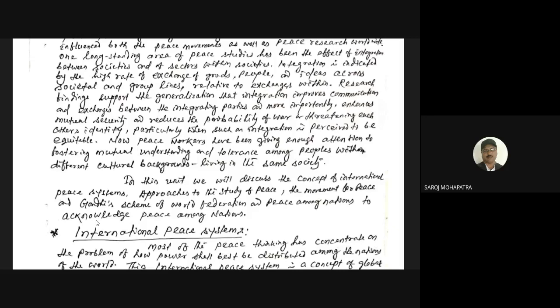Now, peace workers have been giving enough attention to fostering mutual understanding and tolerance among peoples of different cultural backgrounds living in the same society.